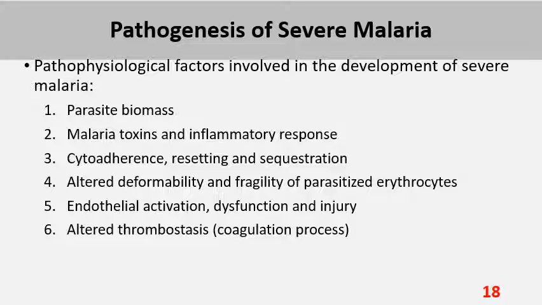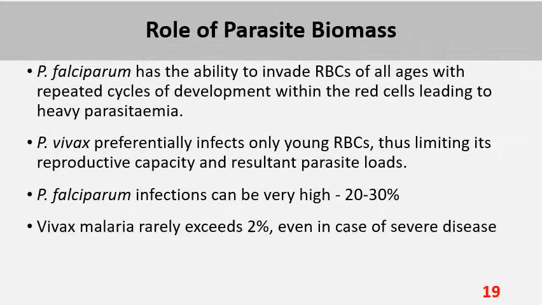Now let's look at pathogenesis of severe malaria. The pathophysiological factors involved in development of severe malaria include parasite biomass, malaria toxin and inflammatory responses, cytoadherence, rosetting and sequestration, altered deformability and fragility of parasitized red cell, endothelial activation, dysfunction and injury, and also altered thrombosis, which affects coagulation.